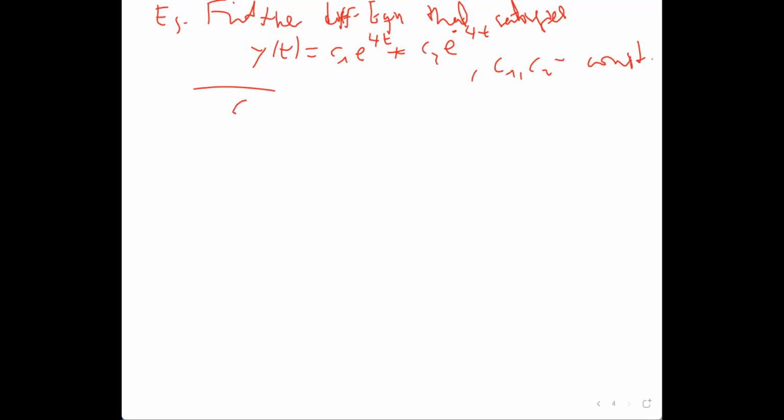So here, from the definition of y, we can compute c1. So c1 will be given by y e^(-4t) minus c2 e^(-8t).